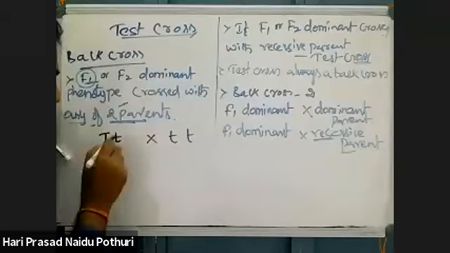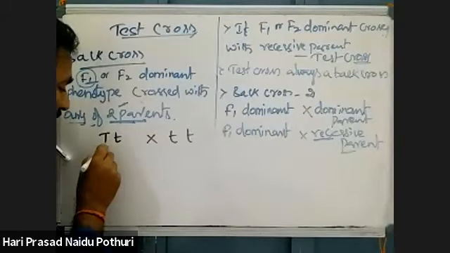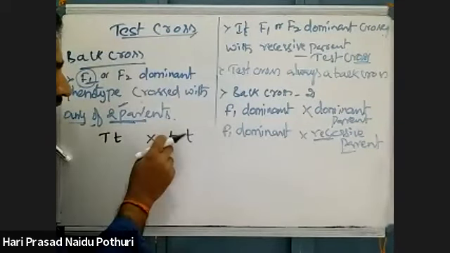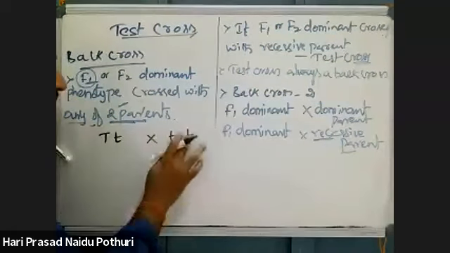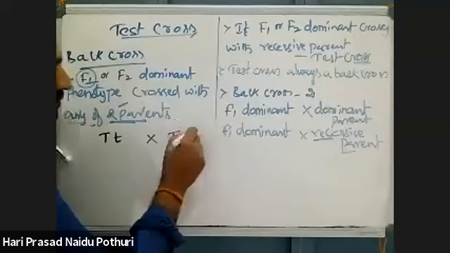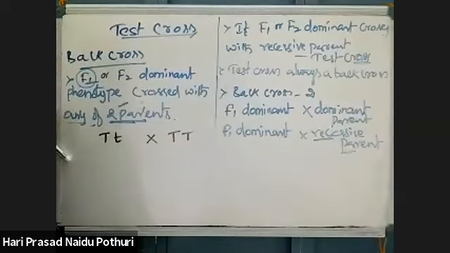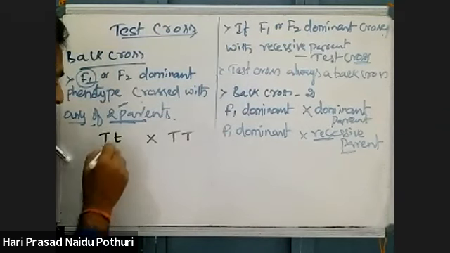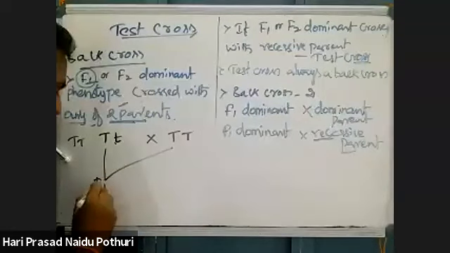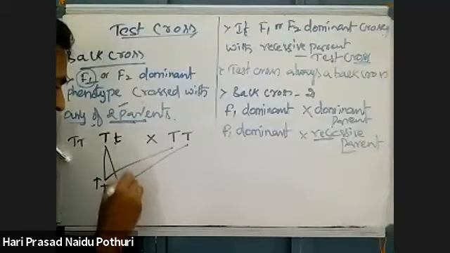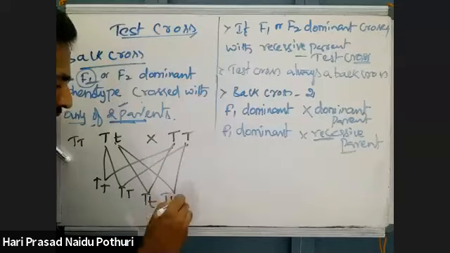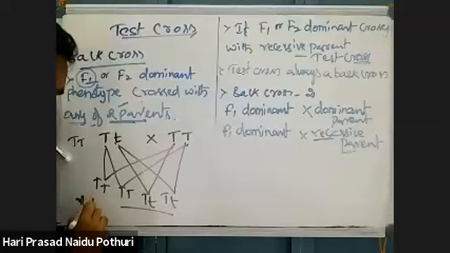To find the genotype of this, we take the recessive parent. Suppose we take the dominant parent to find this genotype or this genotype, what will happen? TT crossed with TT, TT with Tt, TT with TT, TT with Tt, so all are dominant.